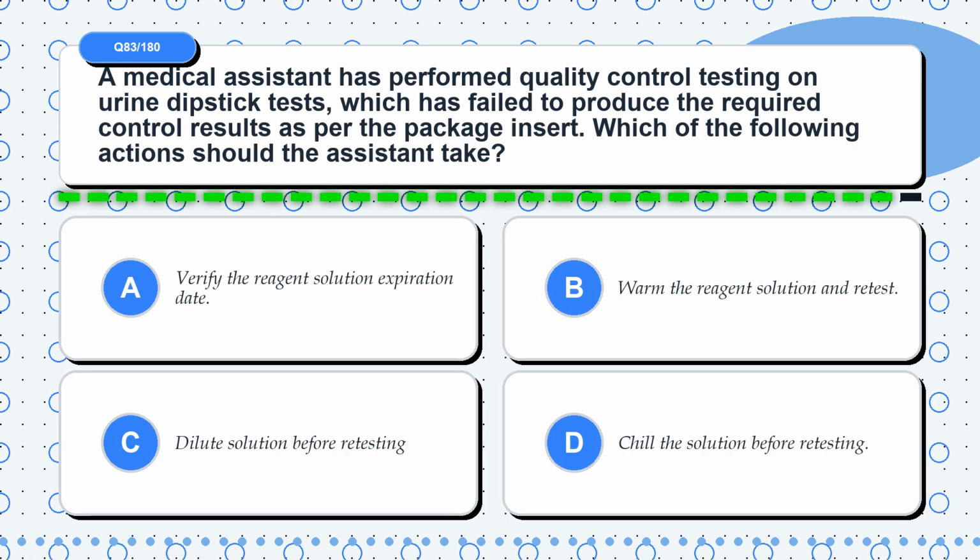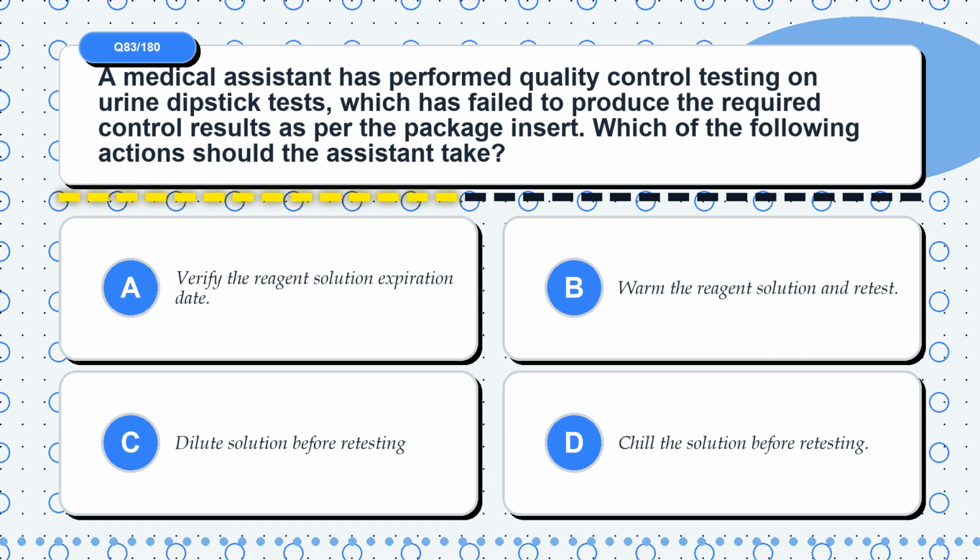Question 83. A medical assistant has performed quality control testing on urine dipstick tests, which has failed to produce the required control results as per the package insert. Which of the following actions should the assistant take? Here are the options.